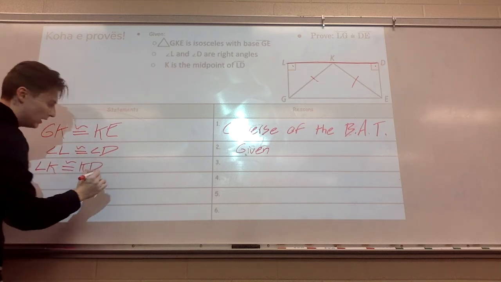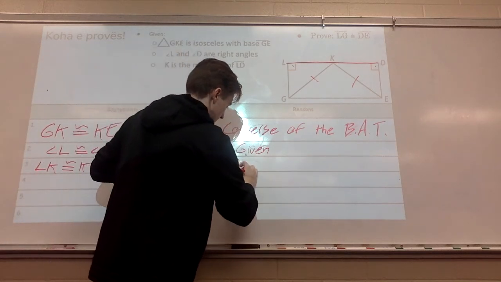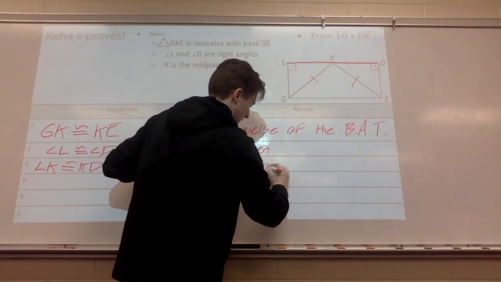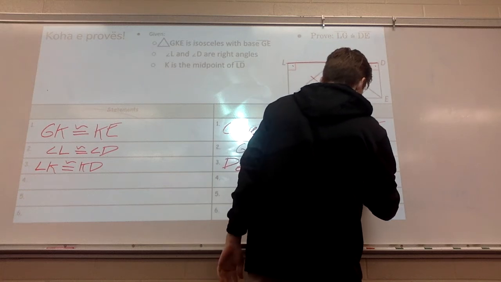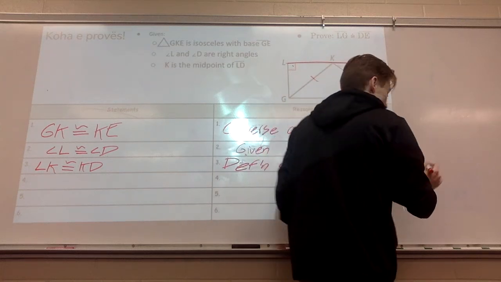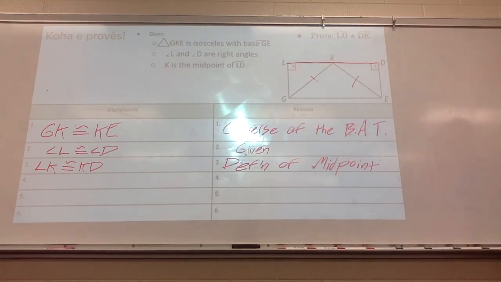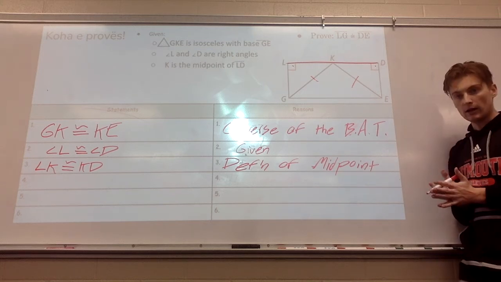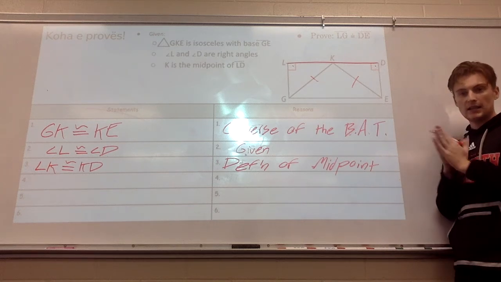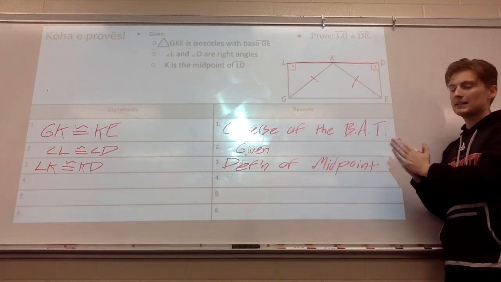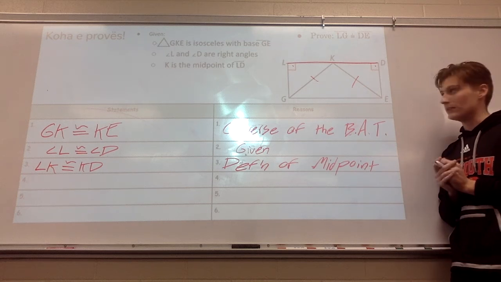Why is that? Well, that's the definition of midpoint. In order for something to be a midpoint, it has to be directly in the middle of that line. It needs to be cutting that line directly in half. That is literally the definition of midpoint.